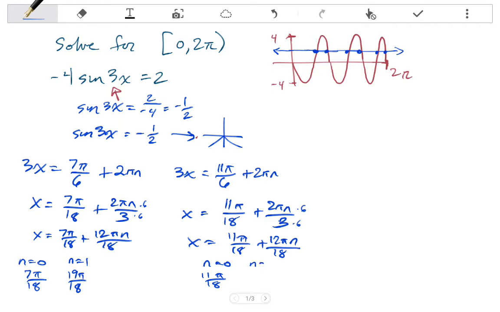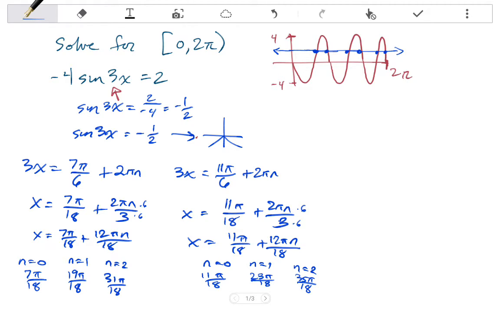And in this case over here, when n is 1, 11 plus 12 is going to give us 23 pi over 18. If we go a little bit further, we do n equals 2, we're going to add another 12. So 19 and 12 is going to give us 31 pi over 18. And then over here, if n equals 2, we add that 23 plus 12, and we'll get 35 pi over 18.